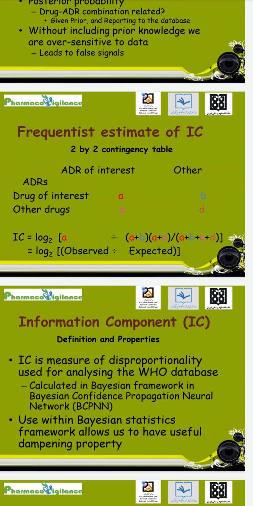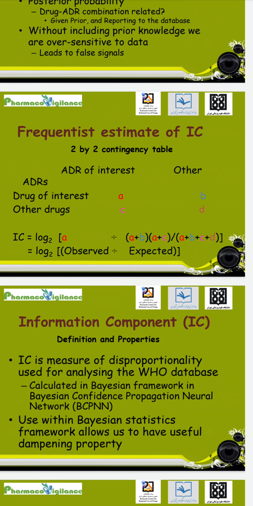In these tables, we have the drug of interest and other drugs. A is the drug of interest with the ADR of interest, B is the drug of interest with other ADRs, C is other drugs with the ADR of interest, and D is other drugs with other ADRs.